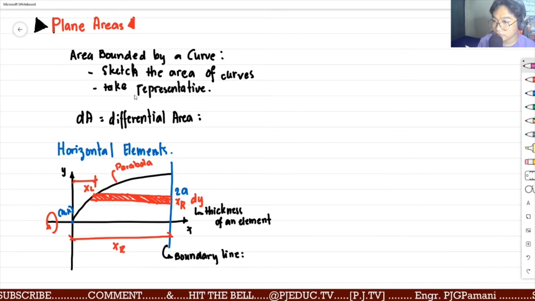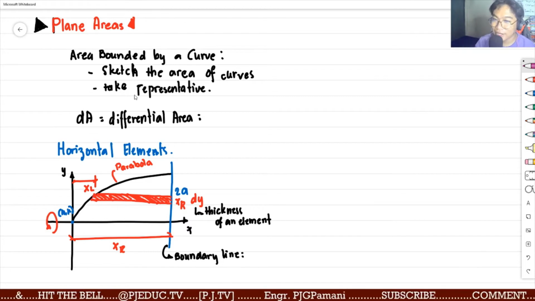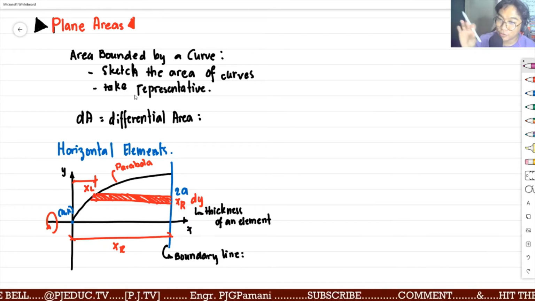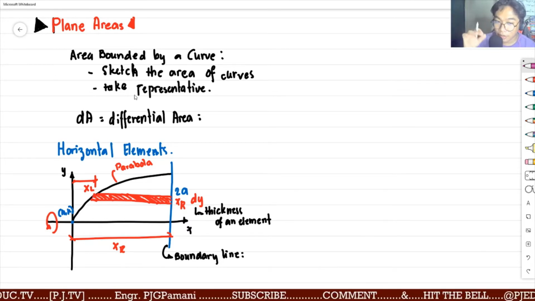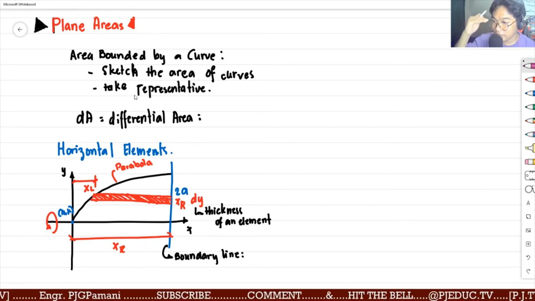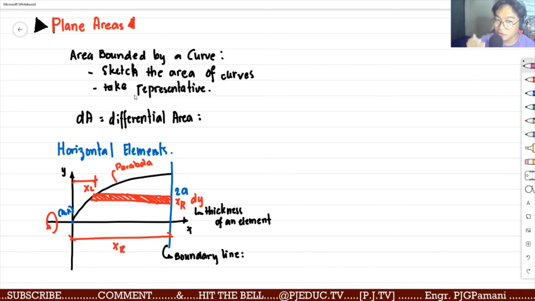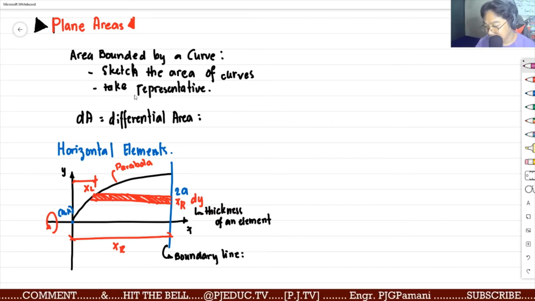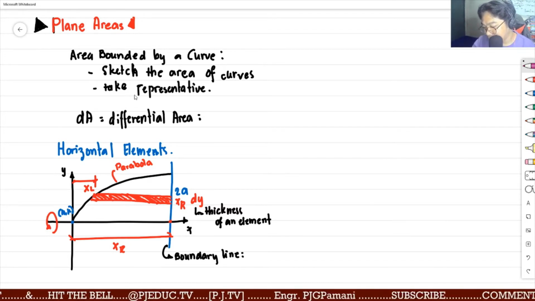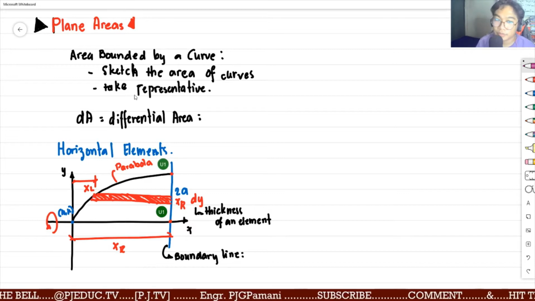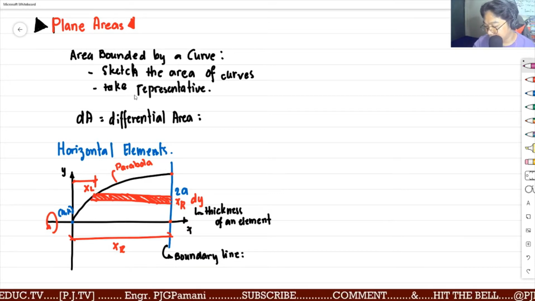Imagine nyo lang na umikot siya but not literally, kasi sa iba yun, solid of revolution naman yun na discussion. Pero with this, yung half lang naman ang kinonsider natin for the formula. Imagine na umikot siya. So, ang magiging limits natin is from this point to this point, which is in terms of y. Right?